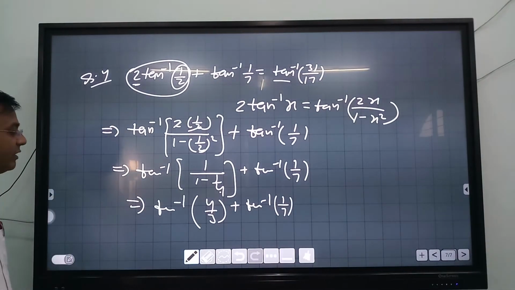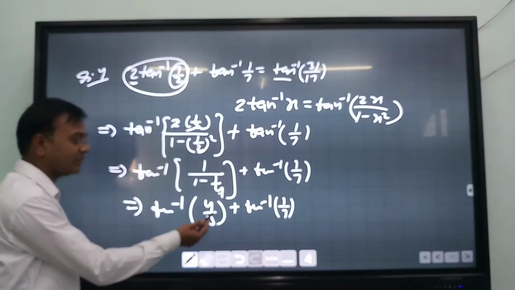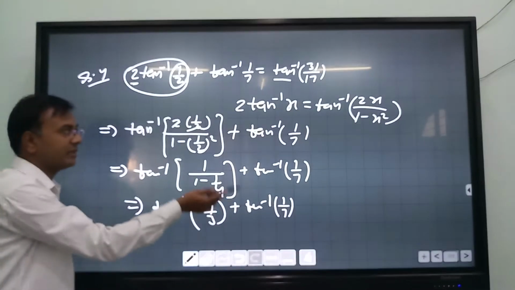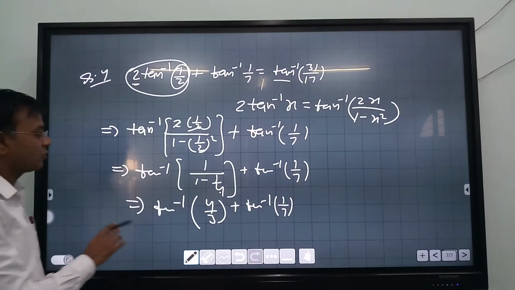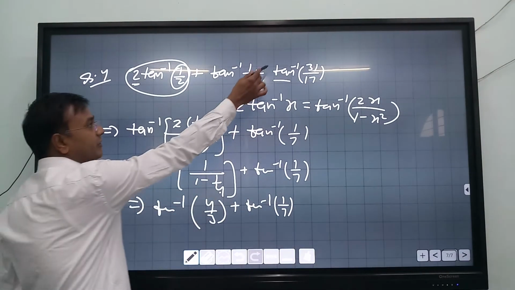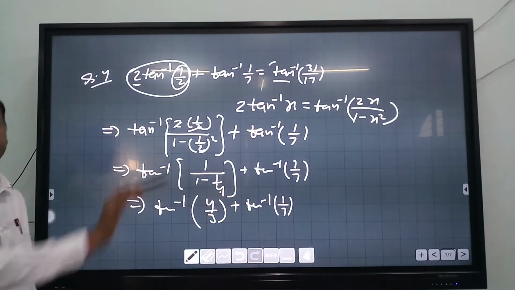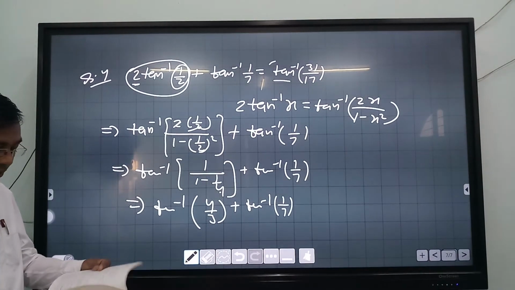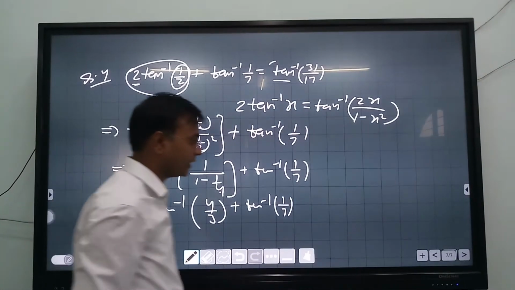So now what we see, we have got tan inverse x plus tan inverse y, the same as the previous question. So go with that identity, tan inverse x plus tan inverse y, and you will get this answer straight away. Right?